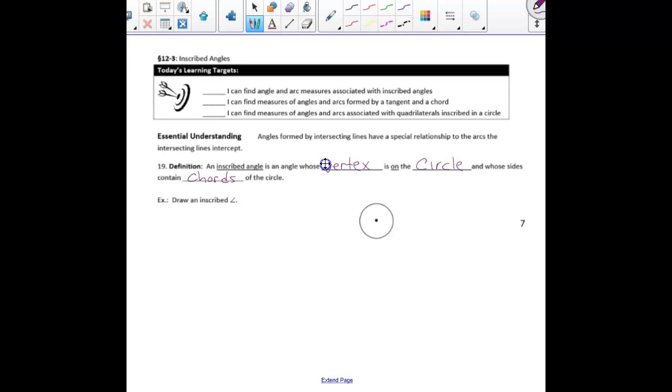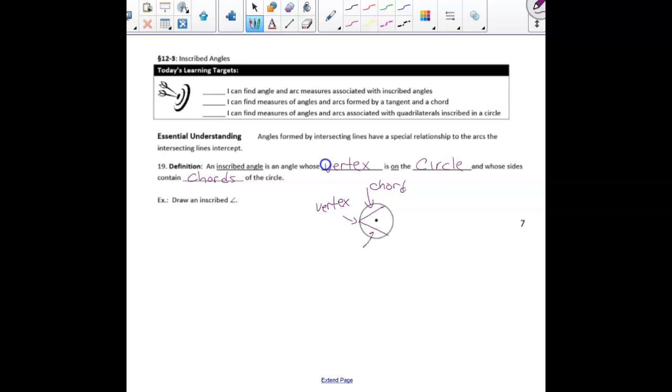Now remember, chords are not diameters or radii. Okay? Chords do not go through the center of the circle. So here you have the dot that is the center of the circle. The inscribed angle, this is the point, we'll call it the vertex, just like any other angle. This is a chord.